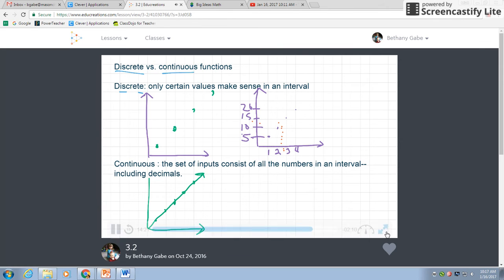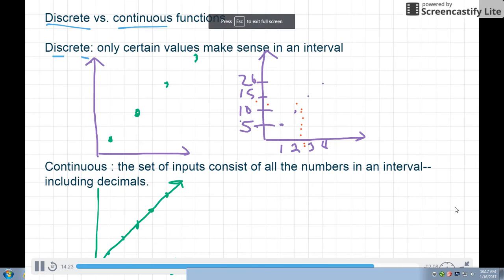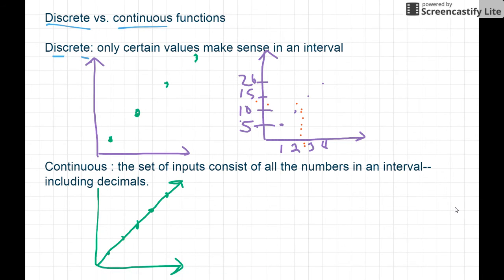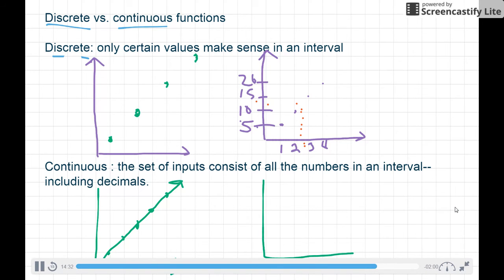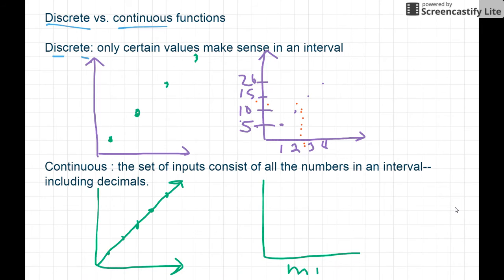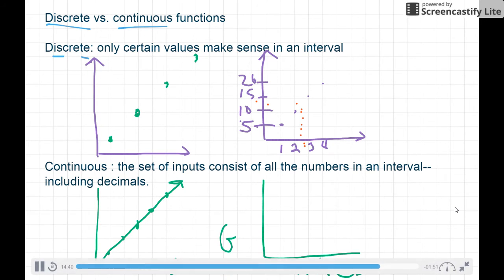So anything that could be continuous. So for example, like how many miles you could go, and gas in your tank.